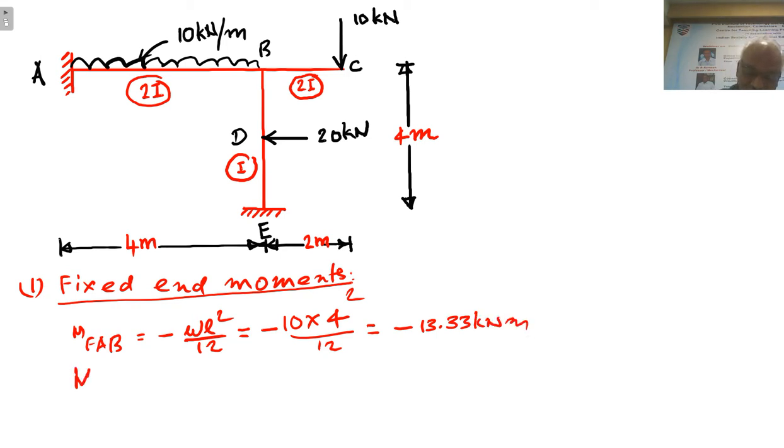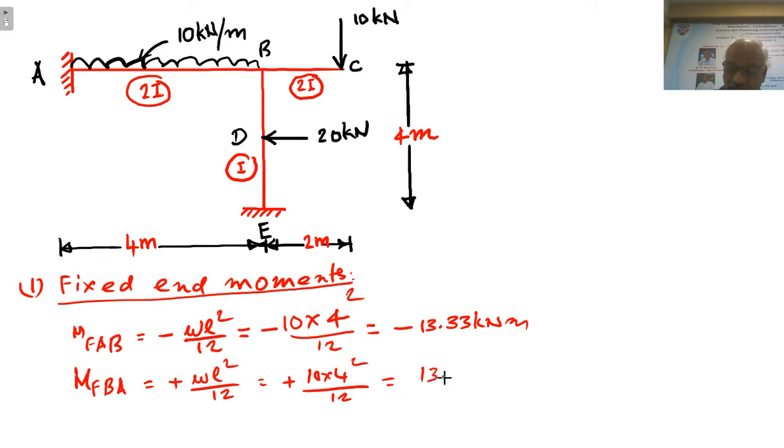M of BA equal to plus WL square by 12, equal to plus 10 into 4 square by 12, equal to 13.33 kilonewton meter, right?